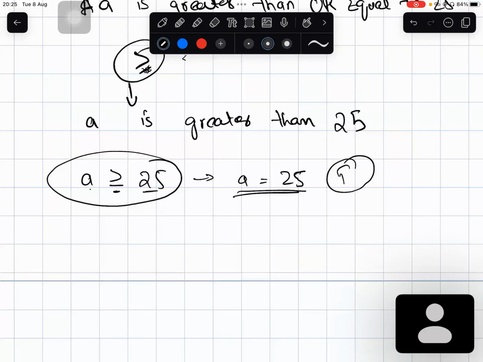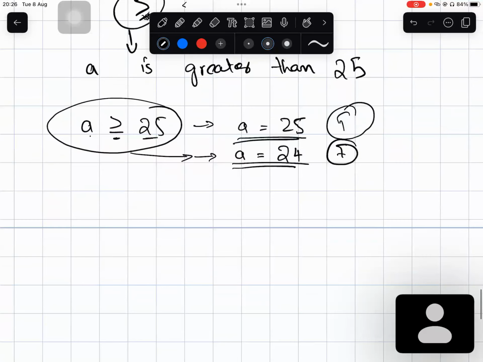However, again, if they ask you about this, A is equal to 24, according to this condition, would this be true or false then? False. It will be false, because obviously A has to be greater than or equal to 25. If A is equal to 24, then obviously it is false.